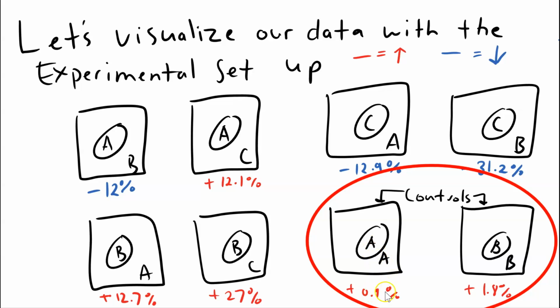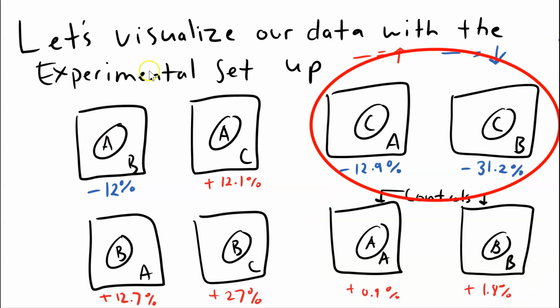If they're both 2%, you shouldn't get a large mass increase. Okay, so this is really just checking to make sure that we did the experiment right and that we didn't mix up our solutions. So in both of these isotonic controls, A inside, A outside, B inside, B outside, you're not getting a very large percent mass gain or loss. That's a good thing. So our controls tell us, let's proceed. Let's see what the other experiments show us.